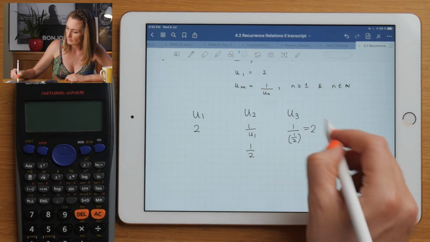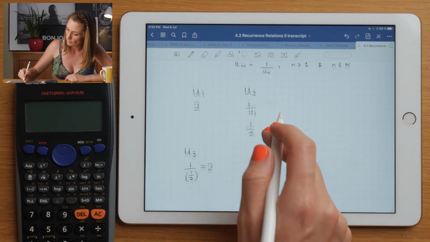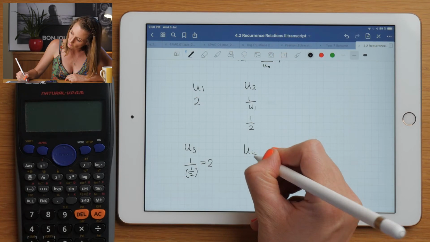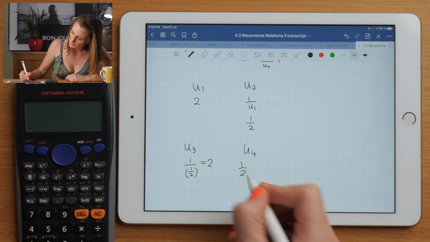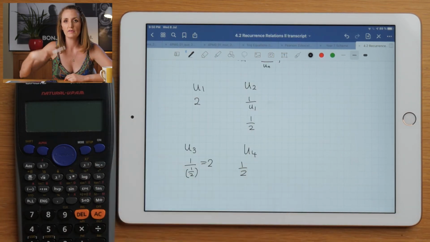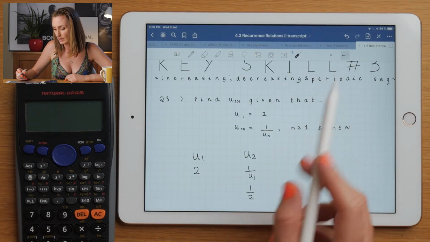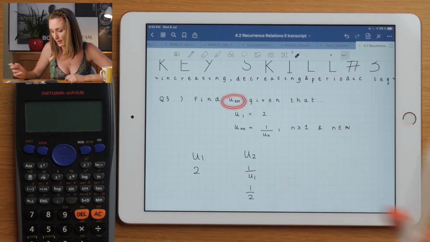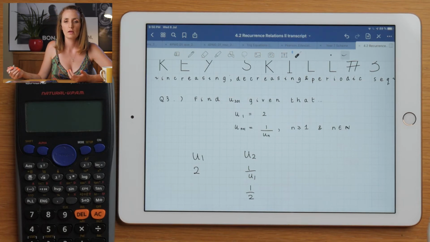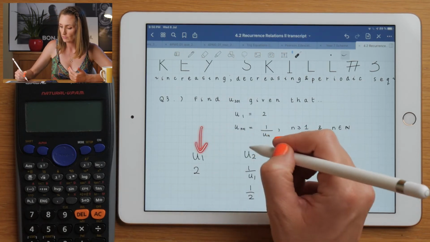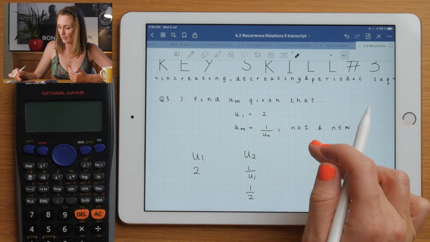So I like to write this down here because you can see this would be 2, and then U4 would be 1 over 2. And you've created a loop of length 2, of period 2. So they'll ask you a really big number, for example here, U201. You just have to think, would it be 2 or would it be a half? Where would that fall?